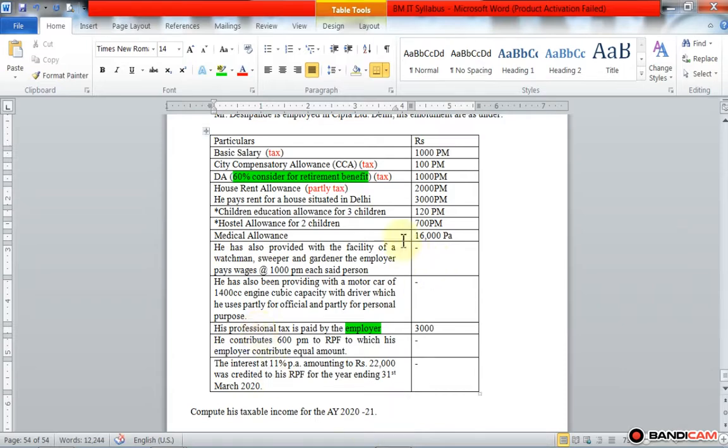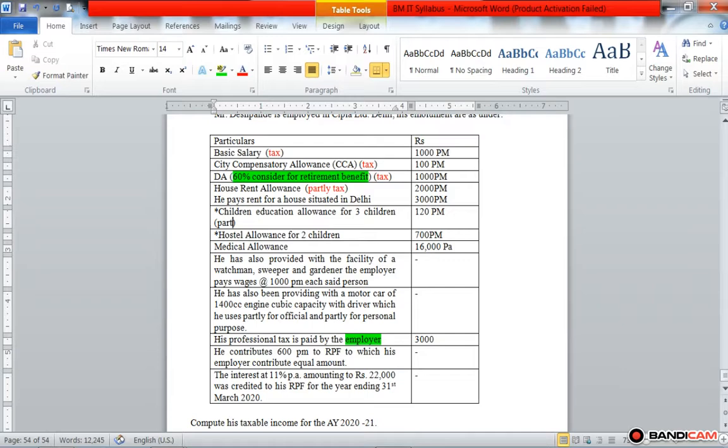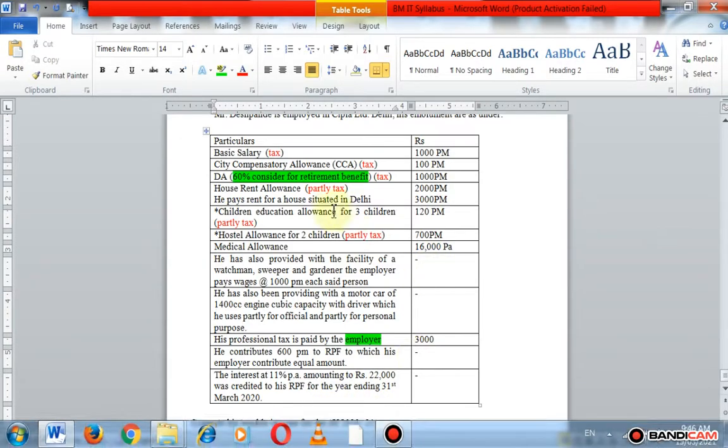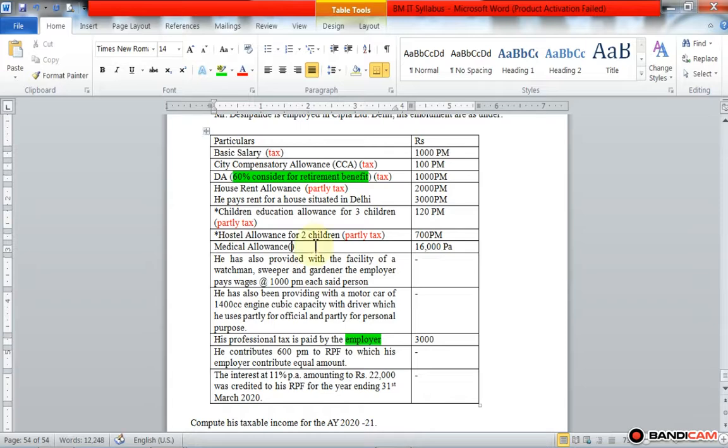Then children education allowance is also partly taxable. Then hostel allowance is also partly taxable. Medical allowance is fully taxable.